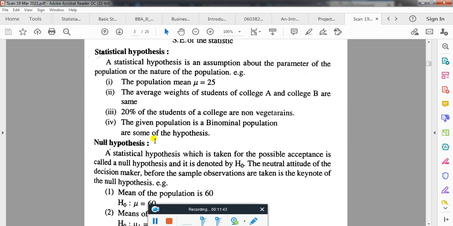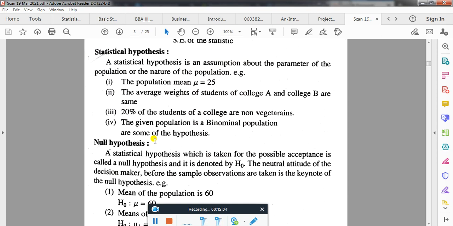Now, statistical hypothesis. What is a statistical hypothesis? A statistical hypothesis is an assumption about the parameter of the population or the nature of the population. As for example, if someone wants to trace whether the mean height of the class is 178 or not, that is called a population parameter.